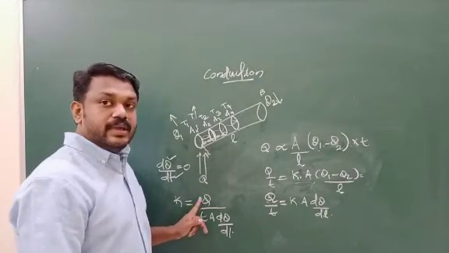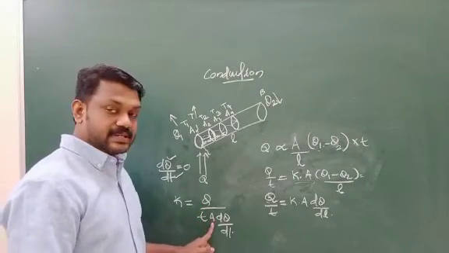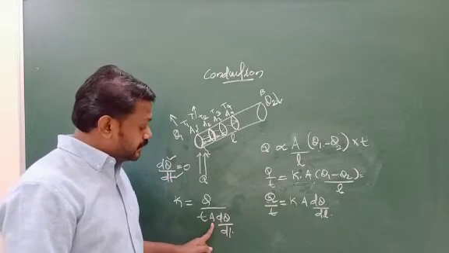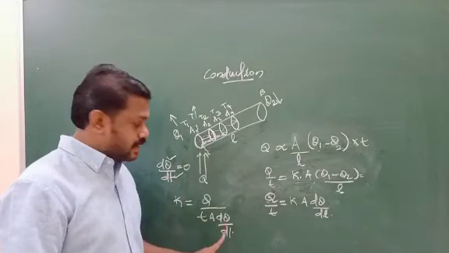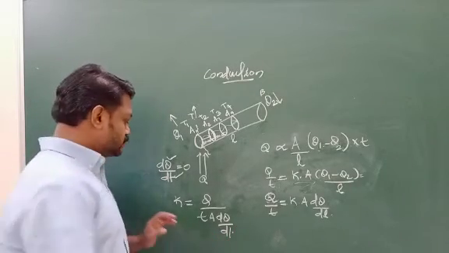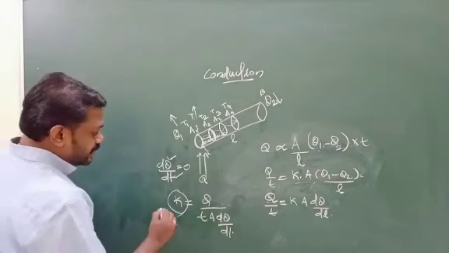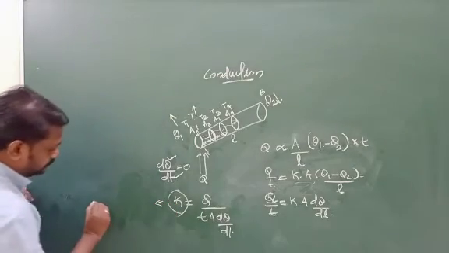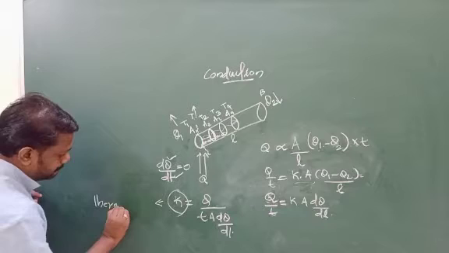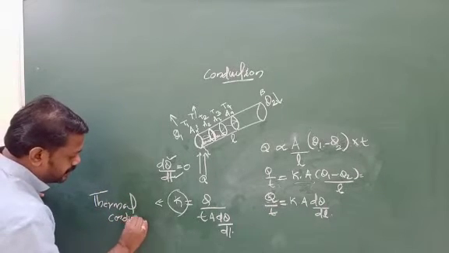So amount of heat flowing per second per unit cross sectional area between 2 points having unit temperature gradient, that is known as the thermal conductivity.